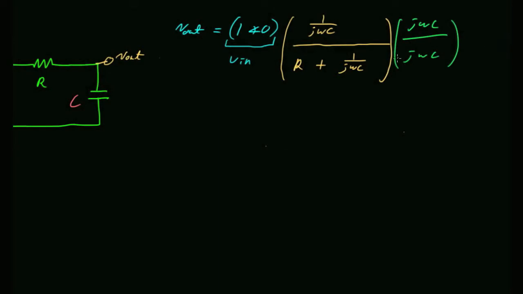My numerator becomes 1, and my denominator becomes j omega RC plus 1. I just got a little cleaner. You with me? Be patient, my friends. We're almost there.